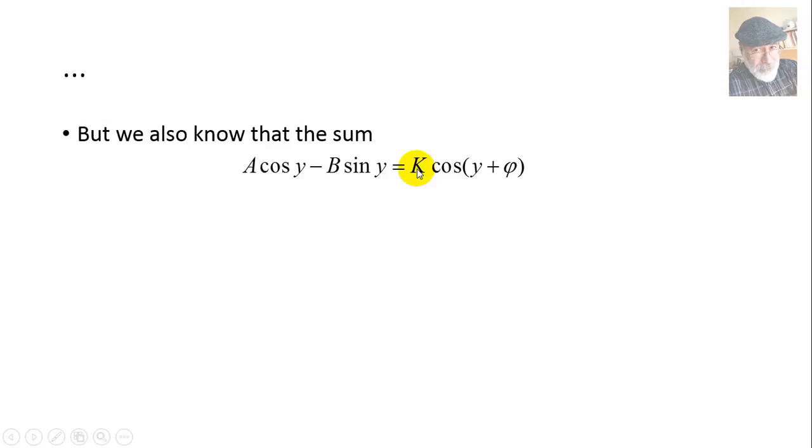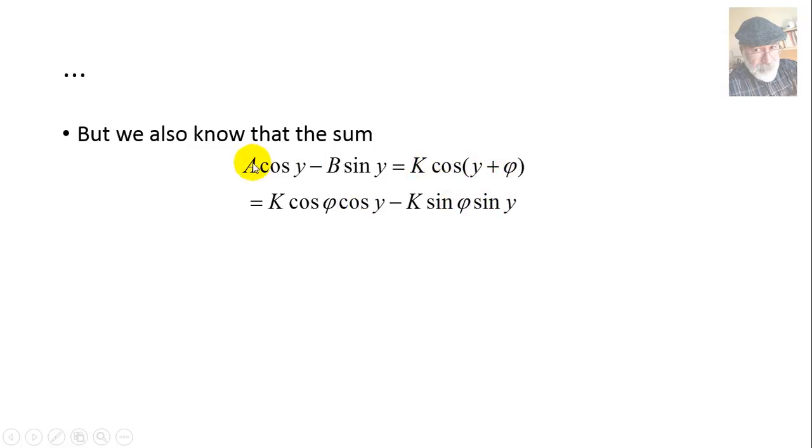How am I going to find k and phi? Well, let me expand this cosine of a sum. You remember that? That was cosine of phi, cosine of y, minus sine of phi, sine of y.